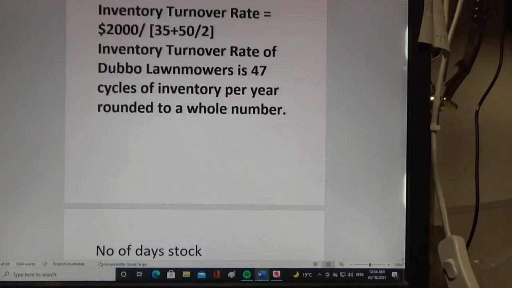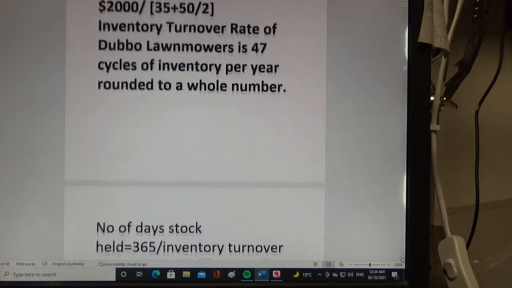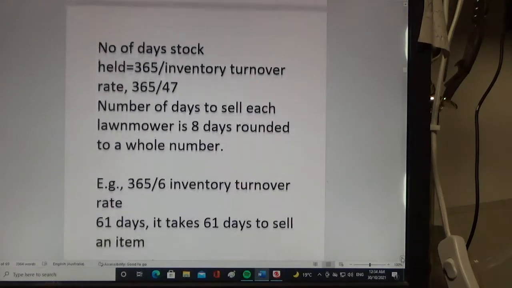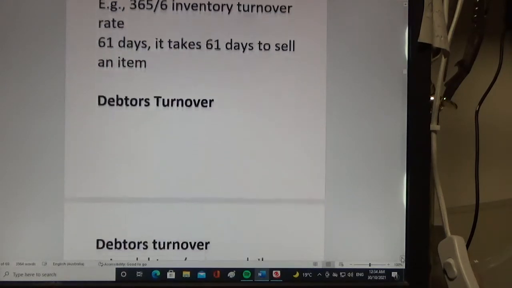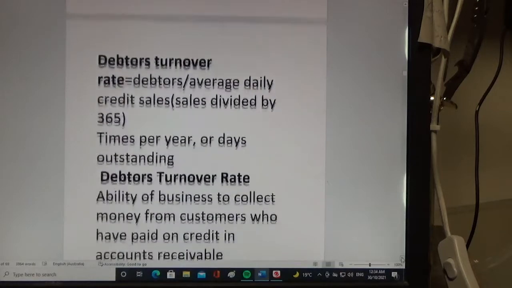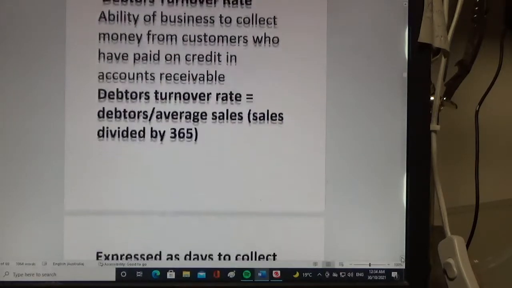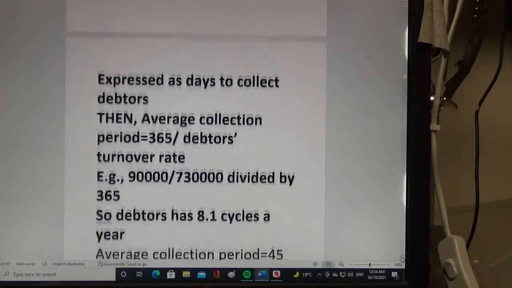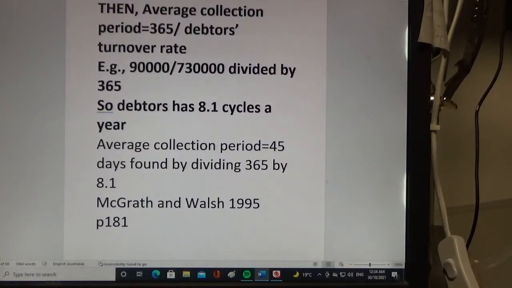I'll have to fix it up. I'll fix it up in my own time later. I'll just read from the textbook, and McGrath and Walsh are in my sources too. I've just taken one of their questions, that's all. Page 181, just quickly. Sometimes you'll get stuck on at least one ratio, that's fair.